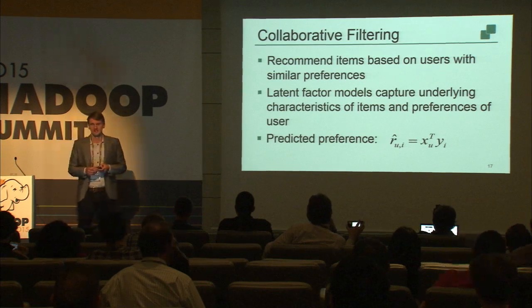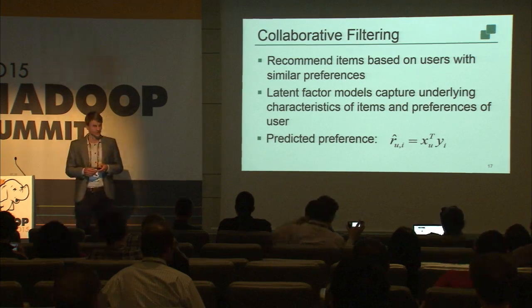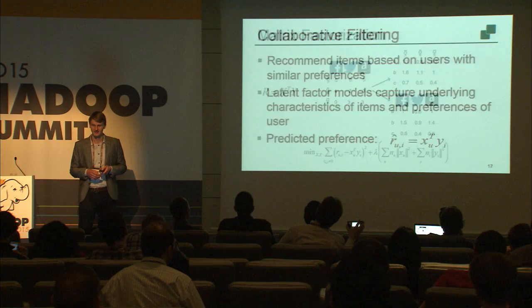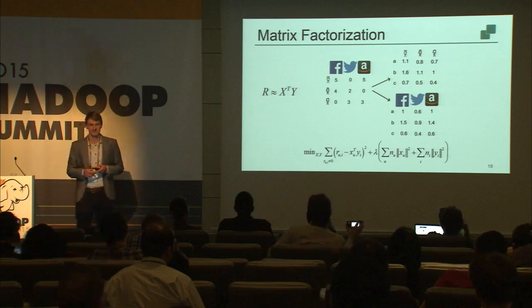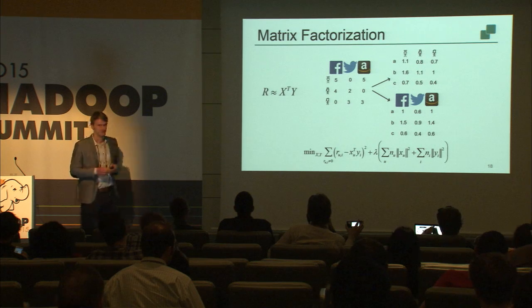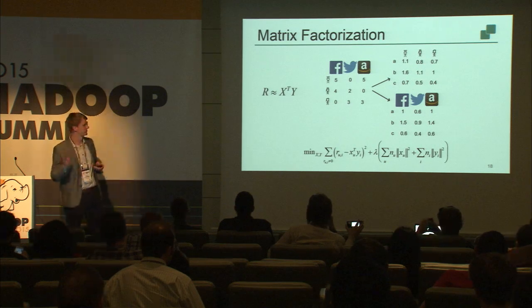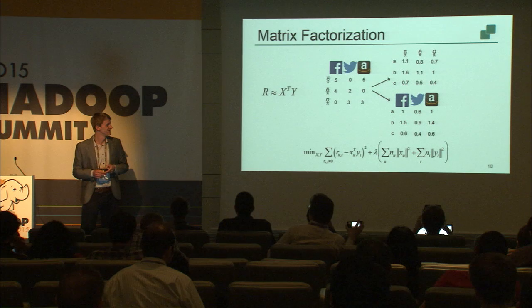Well, using some linear algebra, we can reformulate this problem a little bit into a matrix factorization problem. Please bear with me on this slide. I promise you it's the only slide with some formulas.